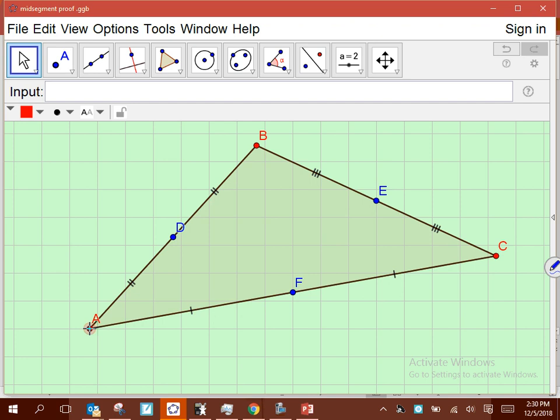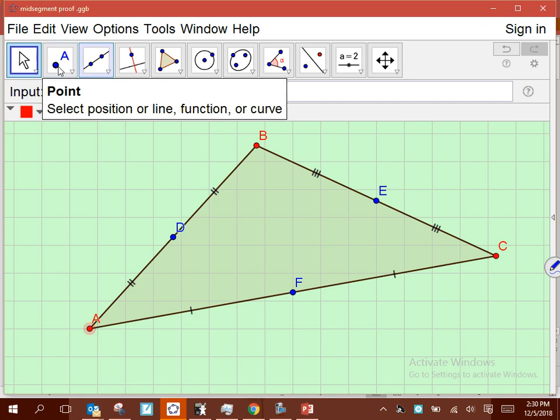The midpoints? They are midpoints. Those blue points, D, E, and F, are midpoints of the sides that they are on.